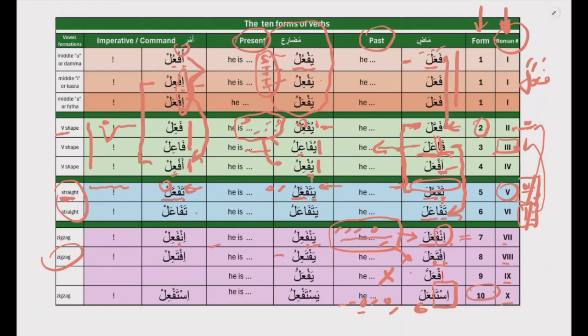So just keep that in mind, that even if there's a verb fa'ala, you won't find this variation that I'm showing you on this sheet to apply even to that verb, the real verb.